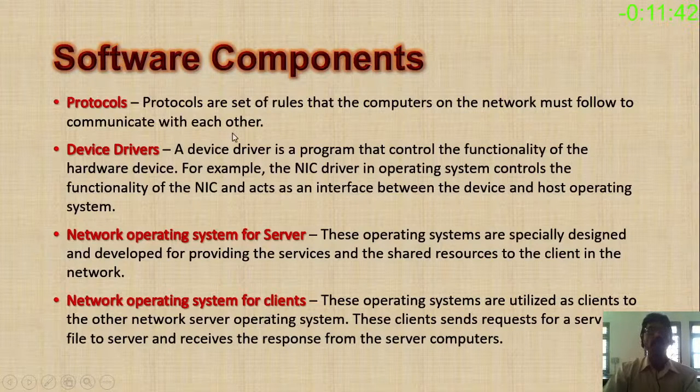Protocols are nothing but a set of rules that the computers on the network must follow to communicate with each other. If two computers want to communicate with each other, they must share a set of rules, and only then can they communicate. They are called protocols.